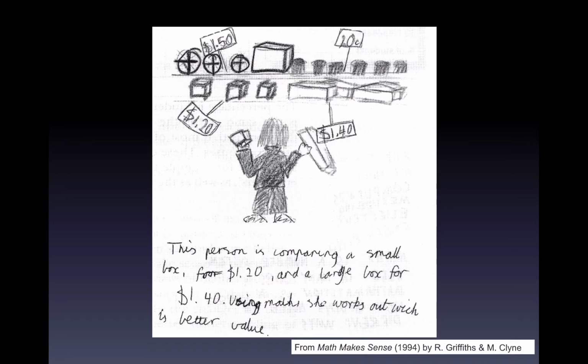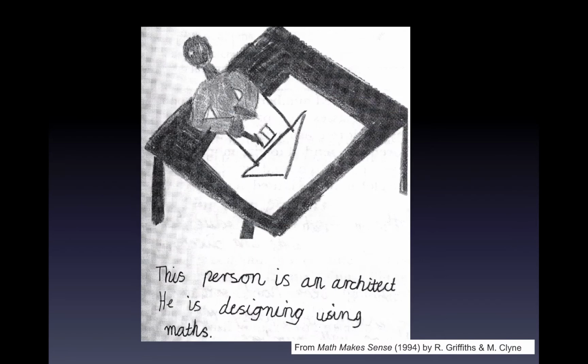So this is about mathematics as an application in real world situations. And this one is saying this person is an architect. He's designing using math. So it's about an application of mathematics as well. So an architect uses mathematics to design the construction, right? So it's another good example of mathematics application.